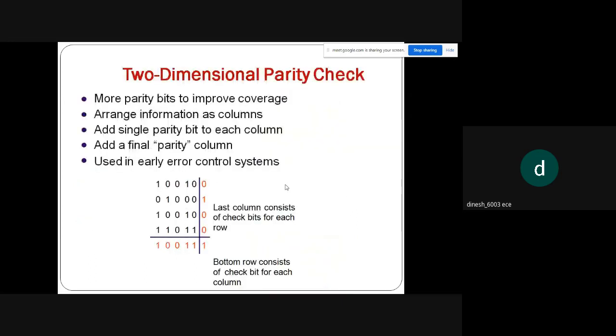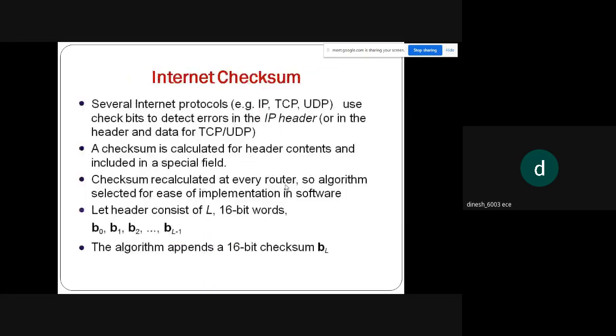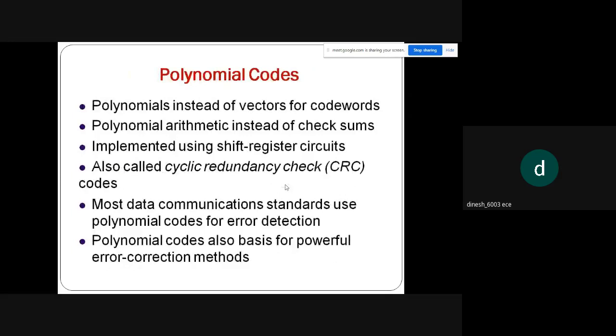I'll just skip the two-dimensional parity check error detection. We'll go for a type of code that is used instead of code words. This is also another technique.